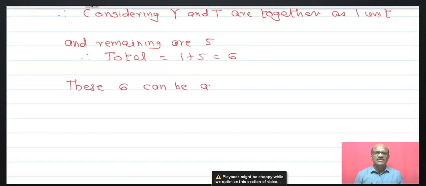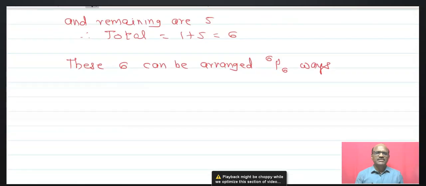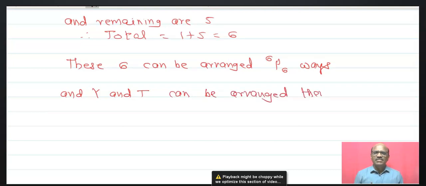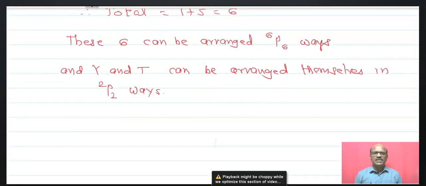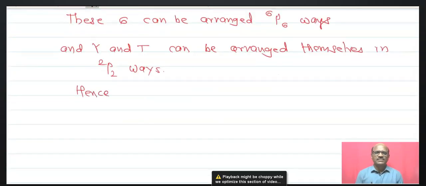These 6 can be arranged in 6P6 ways, and Y and T can be arranged among themselves in 2P2 ways.